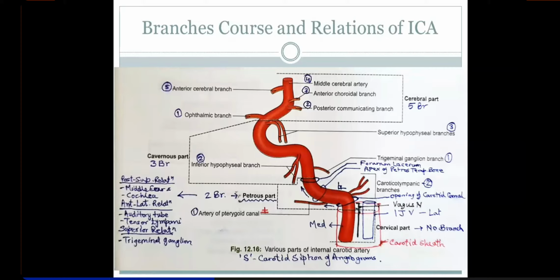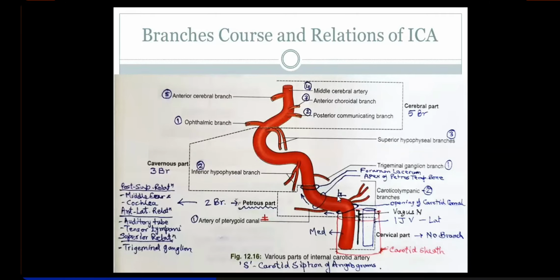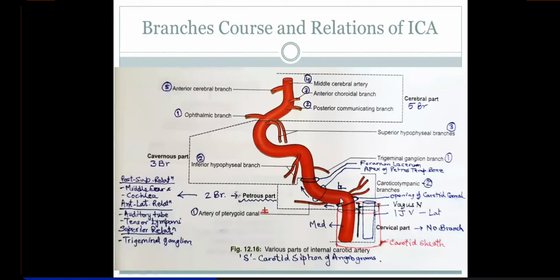Focus on it, remember this, understand it well. So the cervical part ascends vertically, and enters the carotid canal, which is present in the petrous temporal bone. There it takes a 90-degree angle, a sharp bend, and moves forwards and medially in the petrous temporal bone.